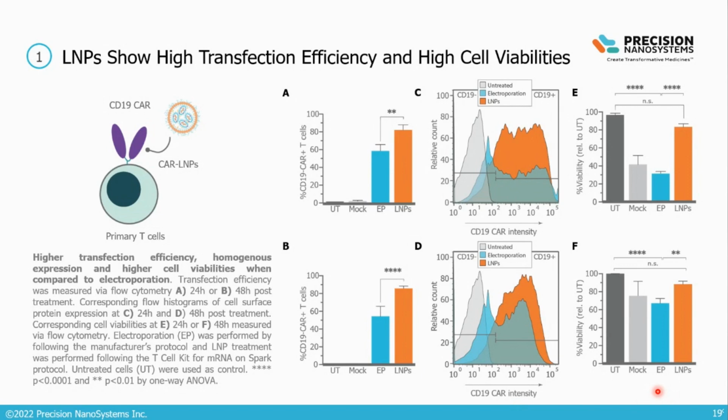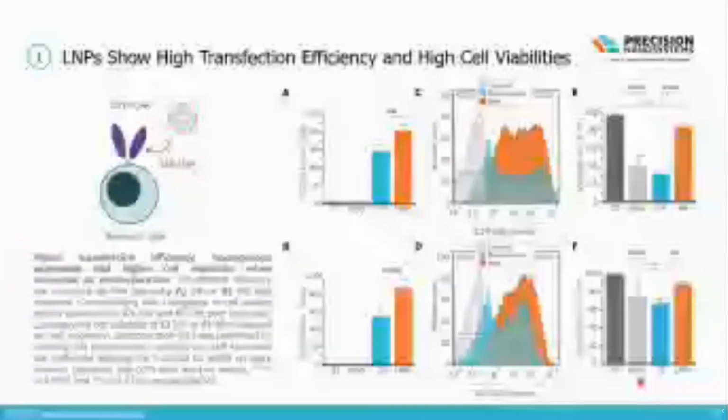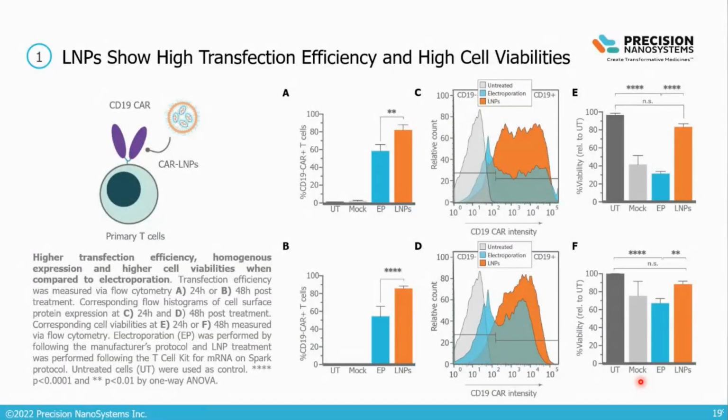And we see 90% cell viabilities with lipid nanoparticles as opposed to electroporation. So as you can see, we do have a very powerful technology here, both for the transfection efficiency of delivering this gene, as well as maintaining high cell viabilities, both of them being important for the final cell yield of our CAR T cell product.